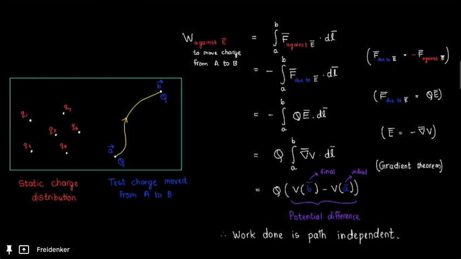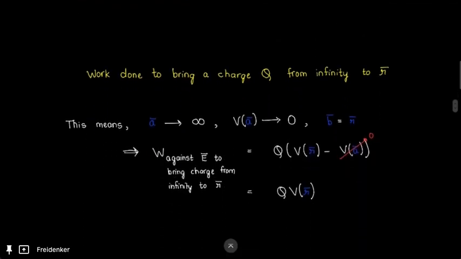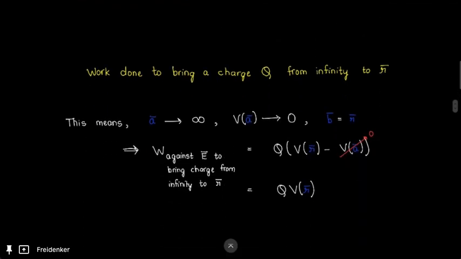Now we'll try to see what is the work done to bring a charge from infinity to some point with position vector r bar. It's the same thing, but then we are bringing it from infinity. So our starting point is somewhere at infinity. A bar is infinity.